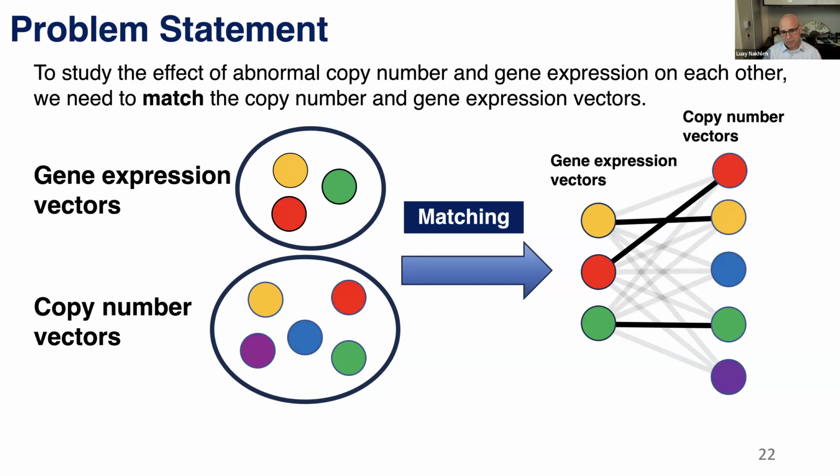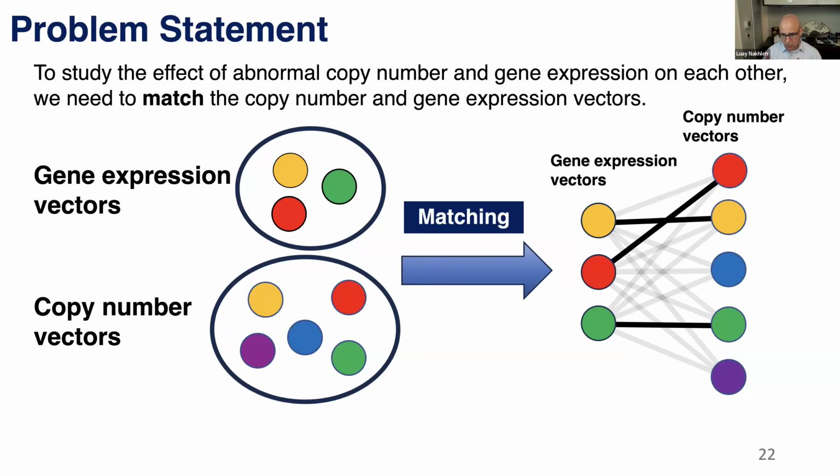The same thing holds for copy number. The numbers of vectors do not have to match. You could have 200 cells from which you obtain the RNA, and 800 cells from which you obtain DNA. Our task is to match cells with RNA to cells with DNA.